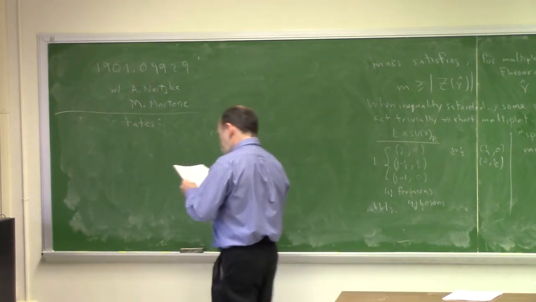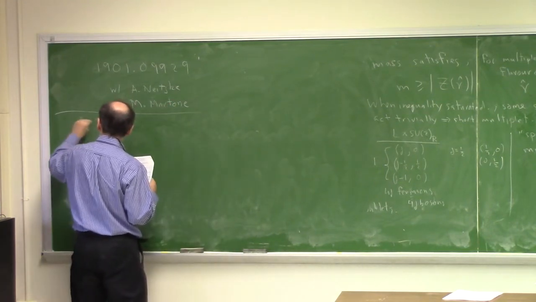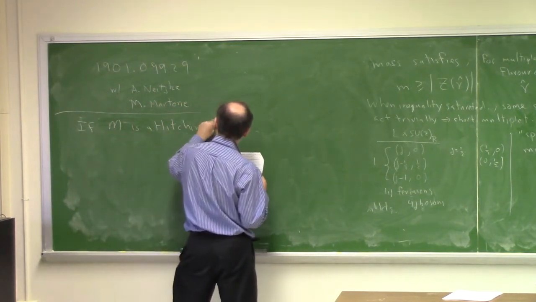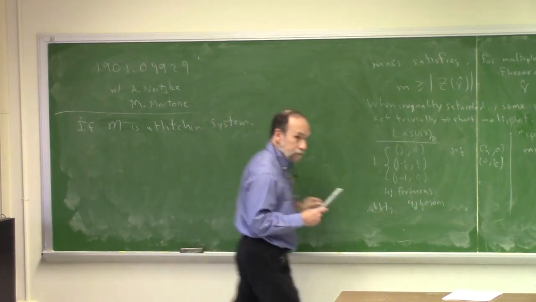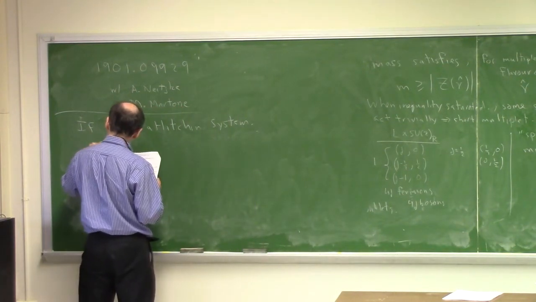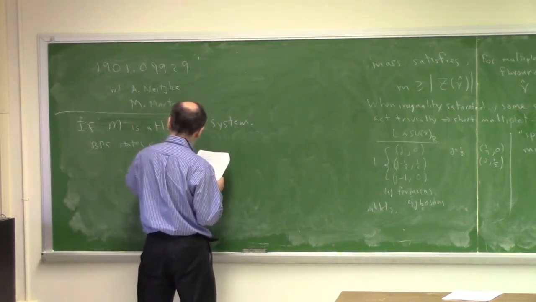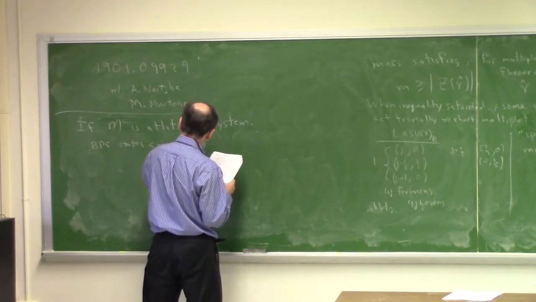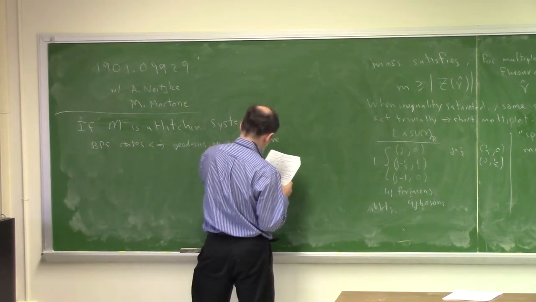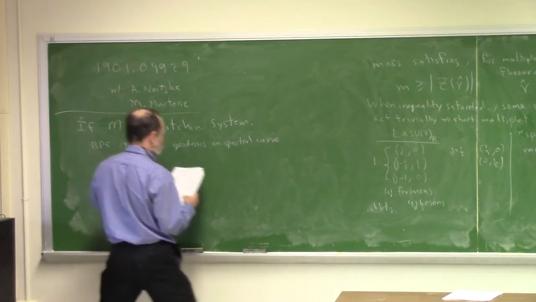And so it frequently happens in many cases of interest that the integrable system is a Hitchin system, and then the BPS states are certain geodesics on the spectral curve, let's call it sigma.